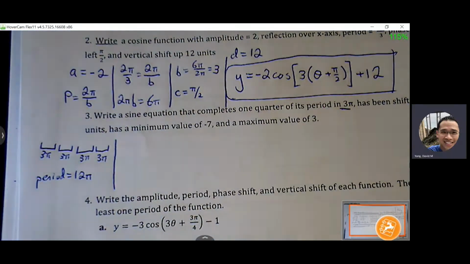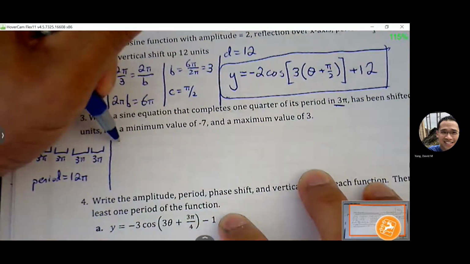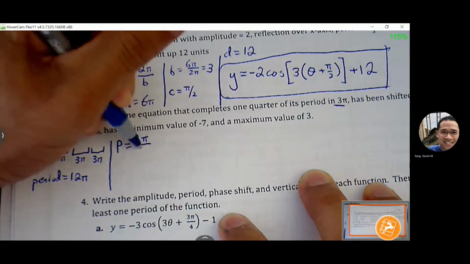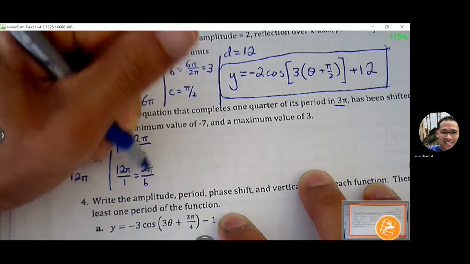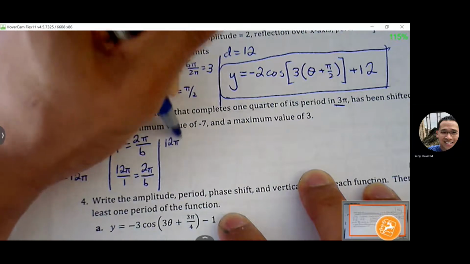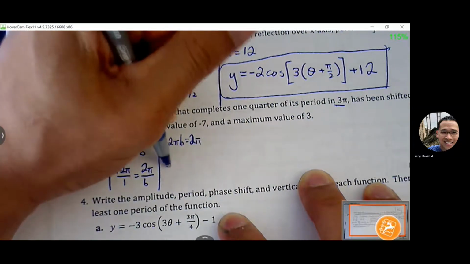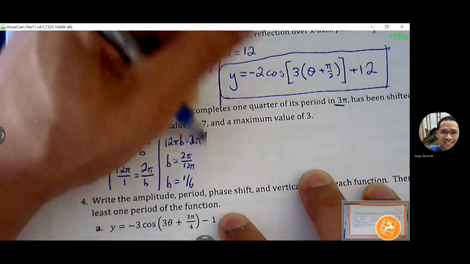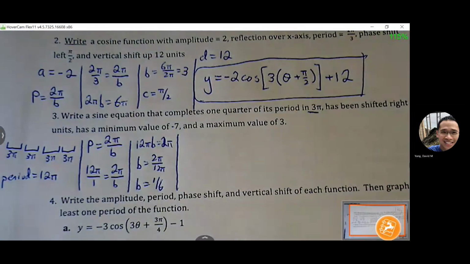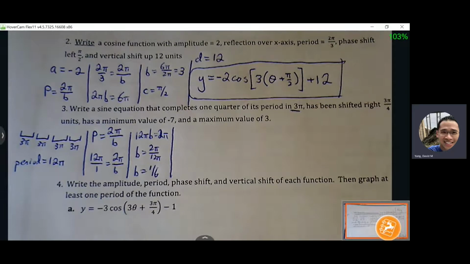From here, we can work backwards and solve for b, just like number 2. Okay, the next part, we have to draw the graph out so that we can actually figure out the amplitude and the shift, because it doesn't quite give that information to us in a straightforward way.